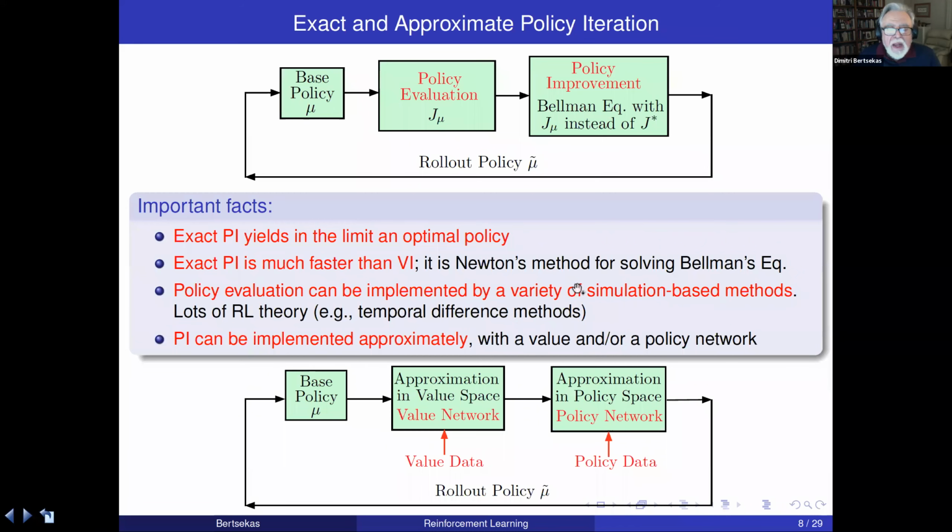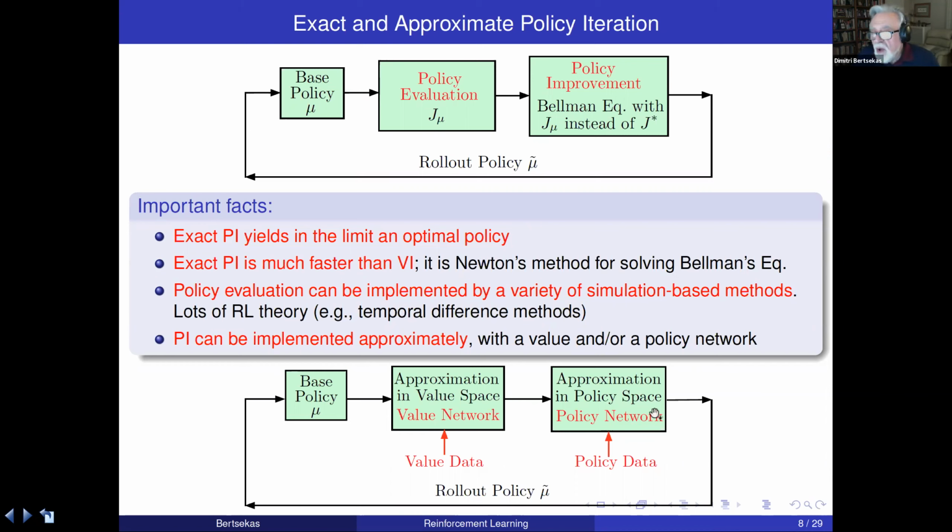Okay, now when it comes to approximate implementation, we have discussed also value and policy networks and their training using data, state and cost data to train neural networks to approximate target functions, which are this J mu, and policy networks that use state control data to approximate target functions that are policies.